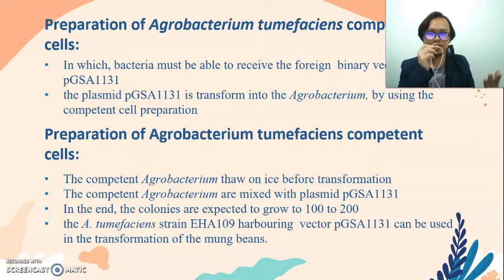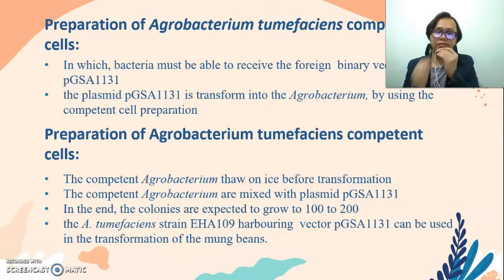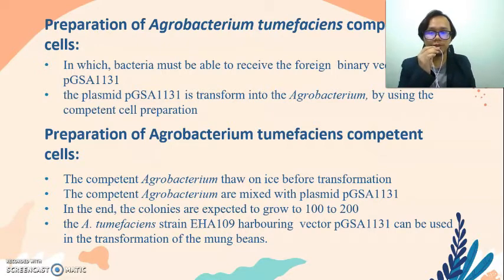Next is the preparation of Agrobacterium tumefaciens competent cells, in which the bacteria must be able to receive the foreign binary vector, which is pGSA1131. The competent Agrobacterium is stored on ice before the transformation.